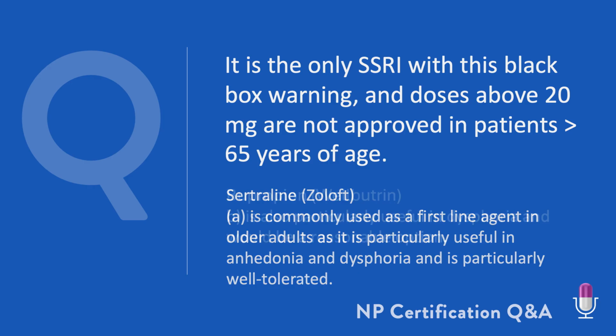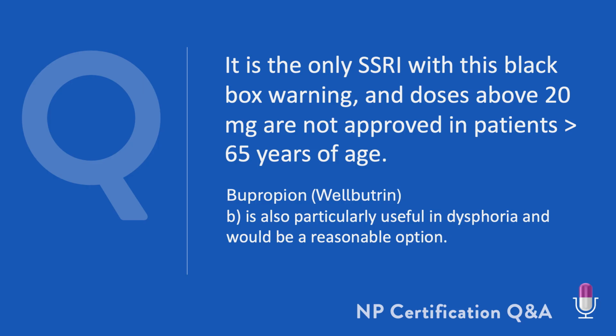So that's great. On the other hand, B, bupropion, is also particularly useful in dysphoria, and that would be a reasonable option here. Bupropion isn't the most powerful antidepressant because it doesn't have any serotonergic activity, but it also has a pretty tolerable adverse effect profile.